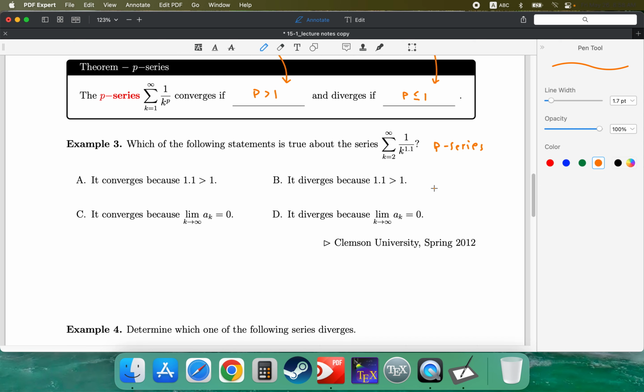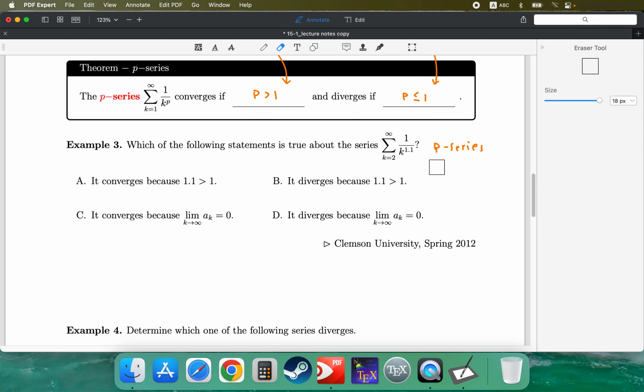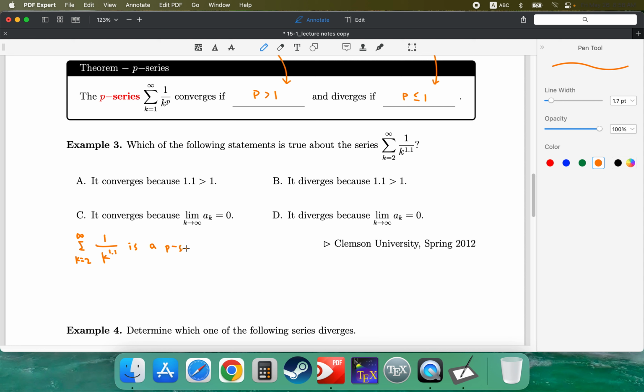So let's write it down. Summation k equals 2 to infinity, 1 over k to the 1.1 is a P series. The P value right here is 1.1, right? P is the power of k. So this p value in this problem is 1.1.